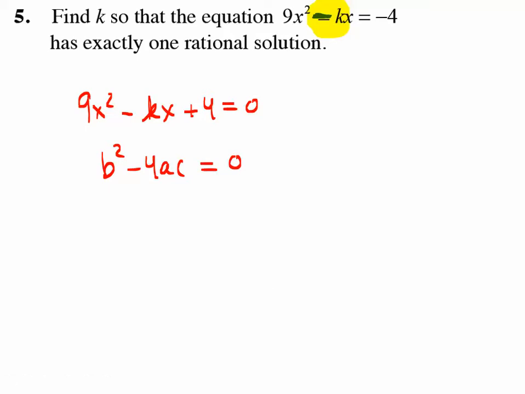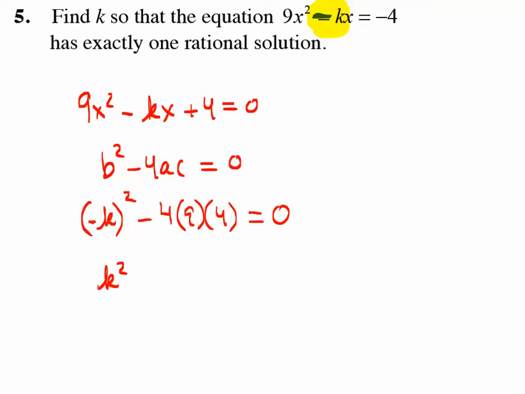So the b comes in as the k now, or actually as a negative k even, because of the negative there. Minus 4 times the a, which is 9, times c, which is 4. And I'm trying to solve this. All right, negative k times negative k is k squared. All that good stuff over there. 4 times 9 times 4 is 144.